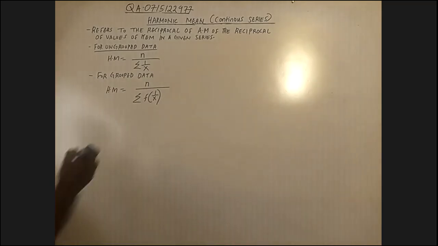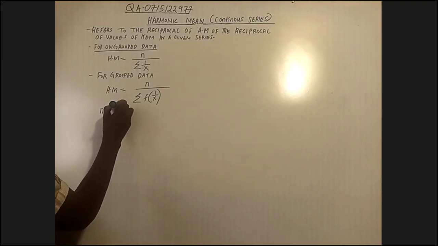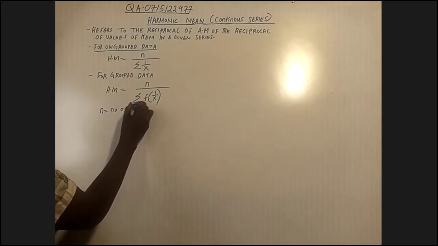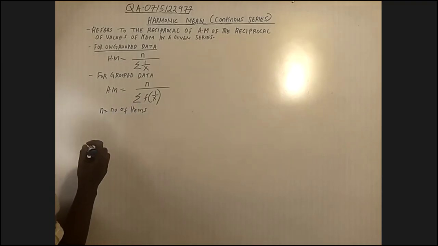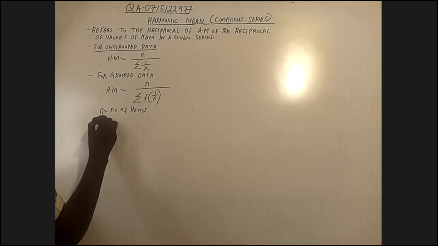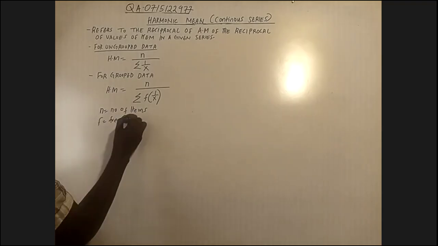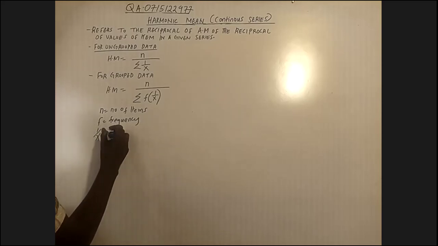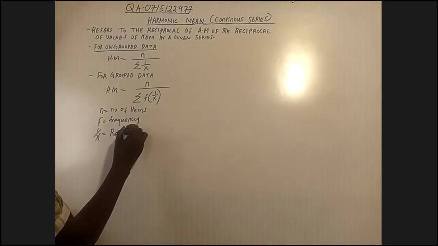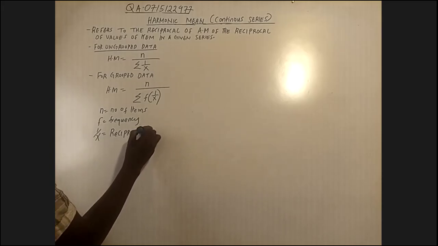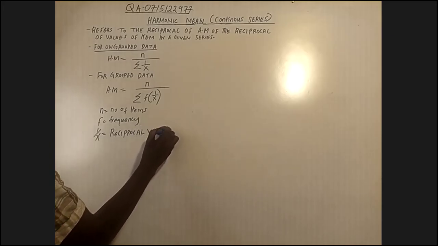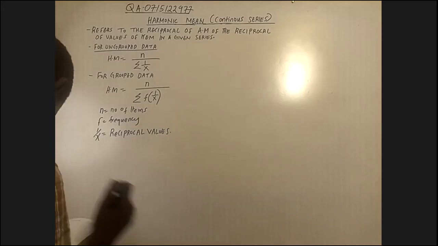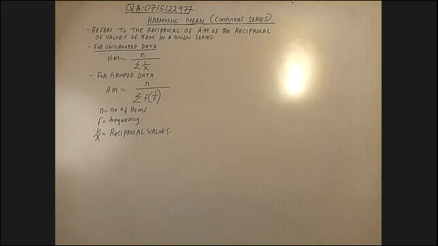Now, n is the number of items, f is frequency, and 1 over x is the reciprocal values.